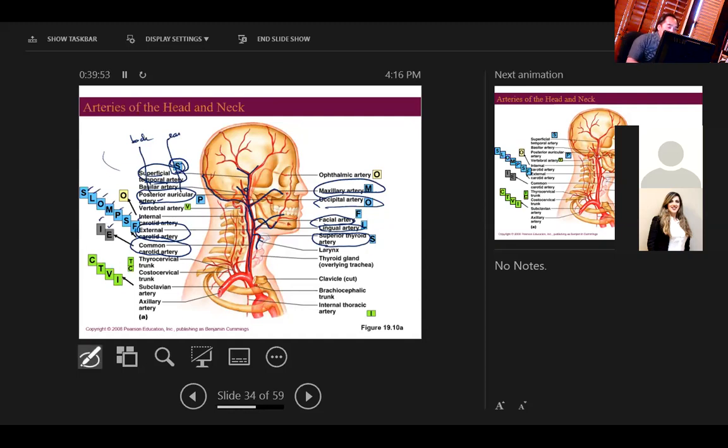Now I want to see the branches of the subclavian artery. These are my branches of the subclavian artery. This is the subclavian artery, and the branches are called CTVI, Cable TV Incorporated. That makes it easy for your brain to memorize. The name of the artery also tells you where it goes.